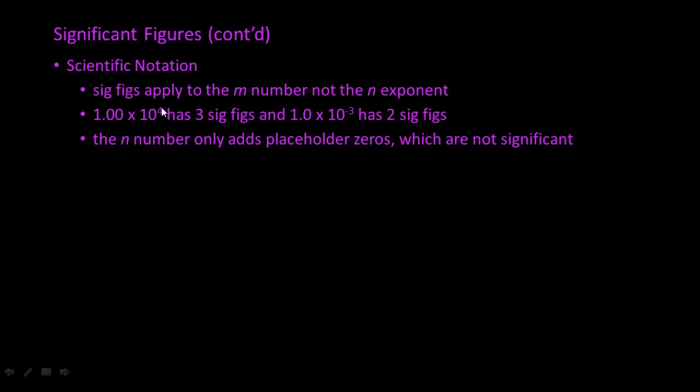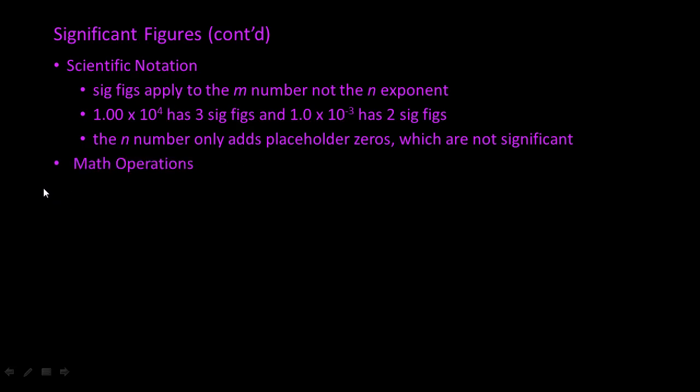So the exponent, whether it's positive or negative, is only adding zeros, and they will always be placeholder zeros. Notice the zeros written in the M number are significant, but zeros that are created by the exponents are placeholders.